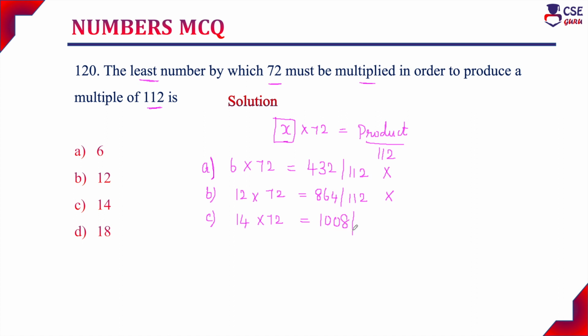And consider whether this is exactly divisible by 112. Yes, 9 times. This is exactly divisible by 112. This may be the correct option. We will check the fourth option also, then we will conclude. So the fourth option, 18 into 72. This product we will get is 1296, and check whether it is exactly divisible by 112. No, we will get a remainder. So the correct option is option C, that is 14.